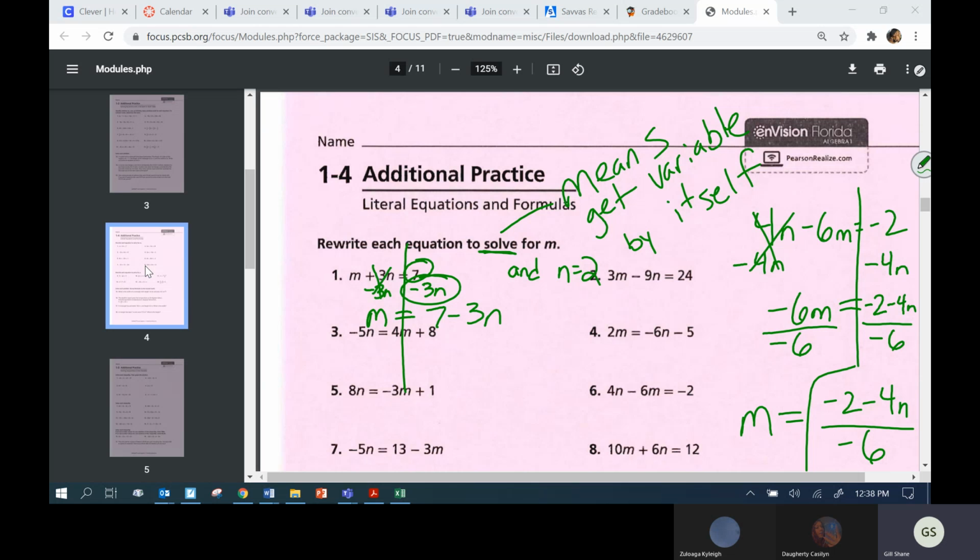Same concept. Well, 2, technically -2, because I don't want to leave a negative on the bottom. -2 will go into all of those numbers. -2 will go into -2, negative 2 will go into negative 4, and negative 2 will go into negative 6. So that's what I would divide every single number by.